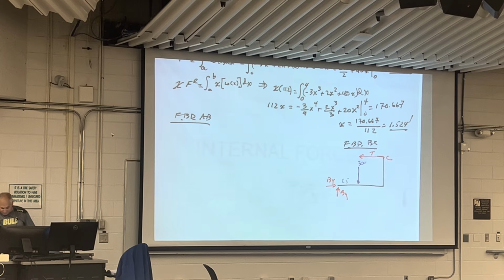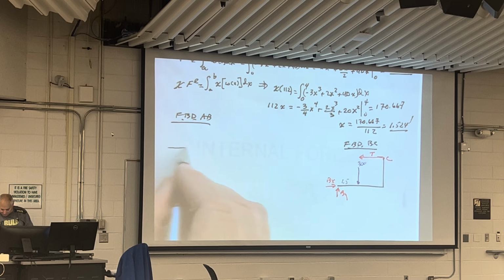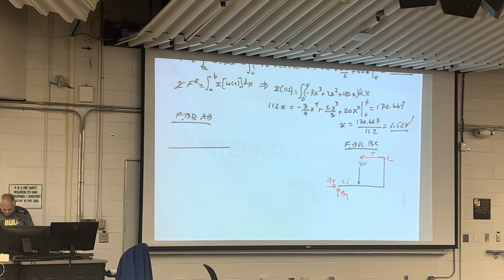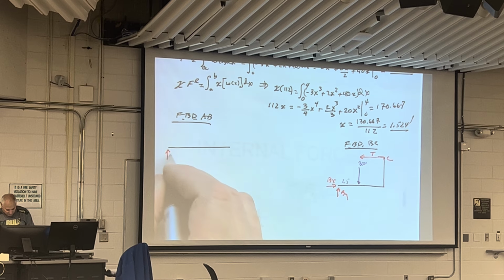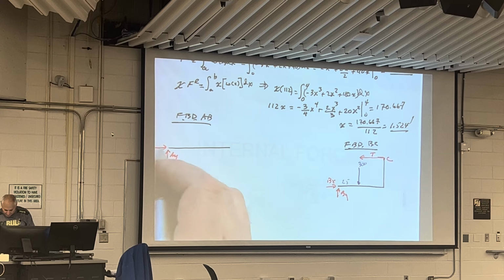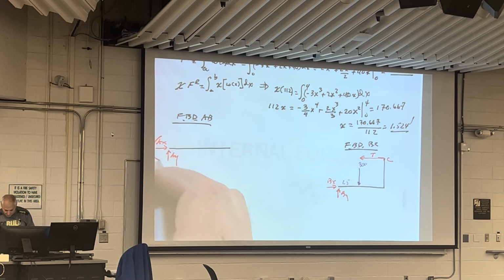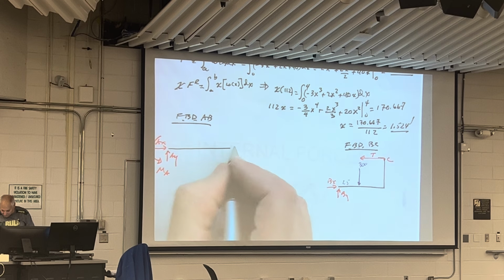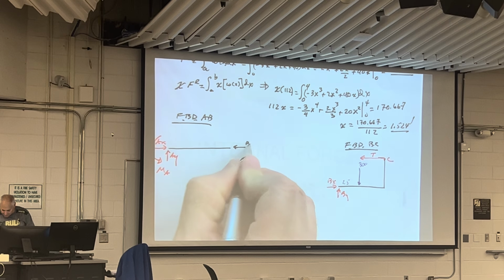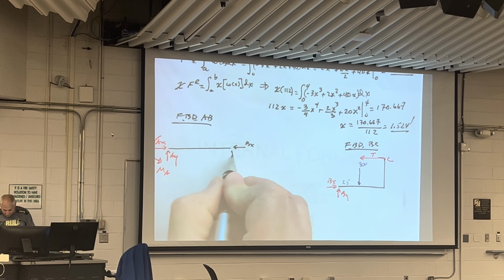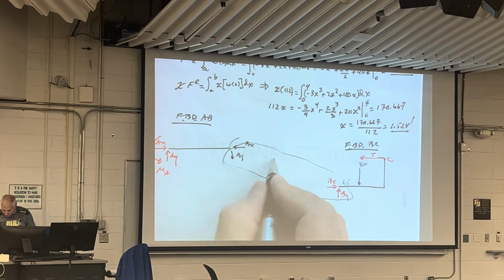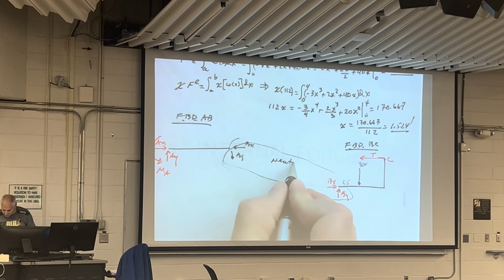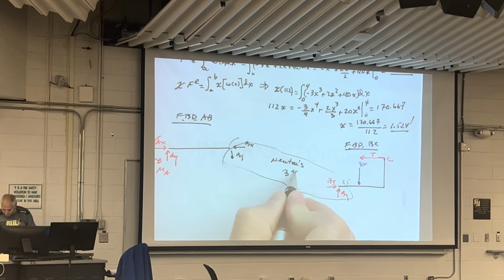On the other side, I have a beam where I have AY, AX, moment MA. I'm going to put in here a BX, a BY. Here is good old Newton's third law.